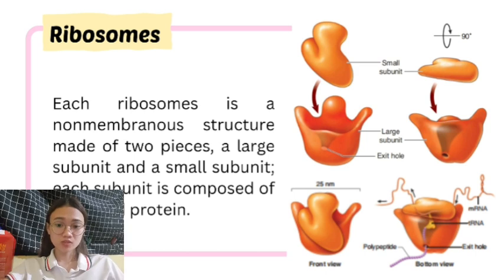Meron tayong small subunit and large subunit of ribosome. Each ribosome is a non-membranous structure made of two pieces, a large subunit and a small subunit, which are composed of RNA and protein.